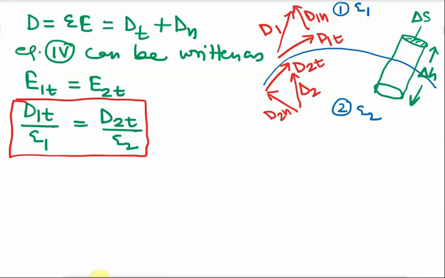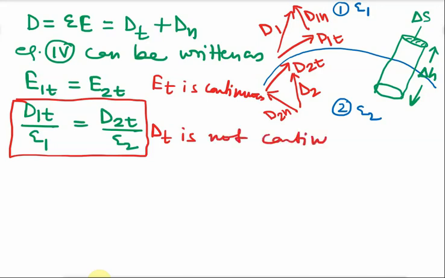So we can say that Et is continuous at the boundary because they are equal, but Dt is not continuous at the boundary.